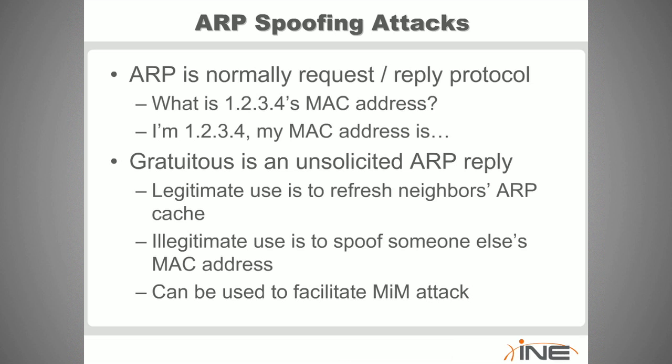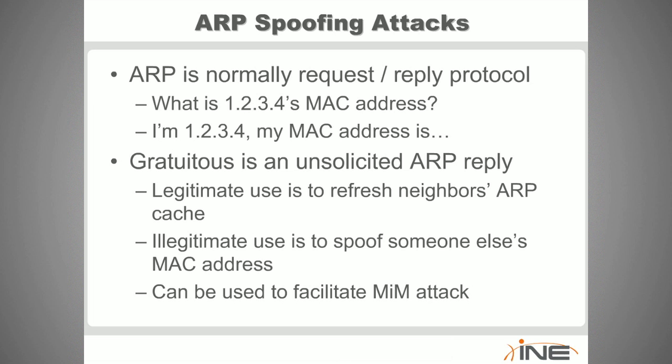So an ARP spoofing attack is basically when the attacker keeps sending illegitimate ARP replies, or basically gratuitous ARPs, over and over and over to try to corrupt the ARP cache of all of the devices on the segment.